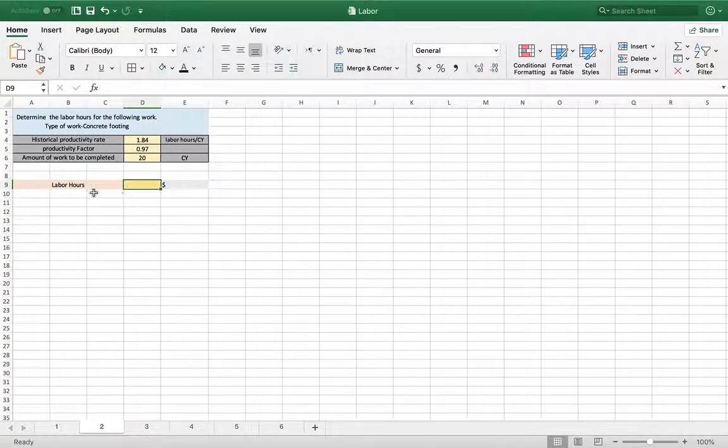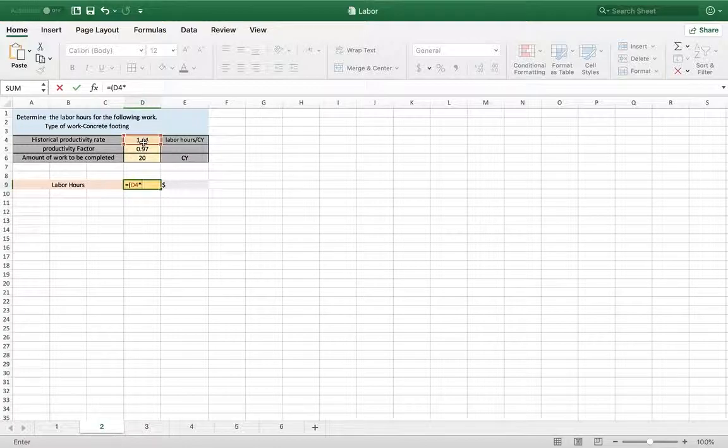So we want to find labor hours, so we're gonna multiply the historical productivity rate by productivity factor by amount of work to be completed.